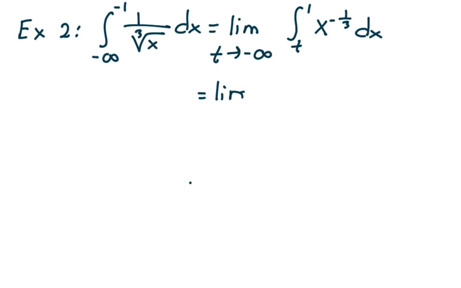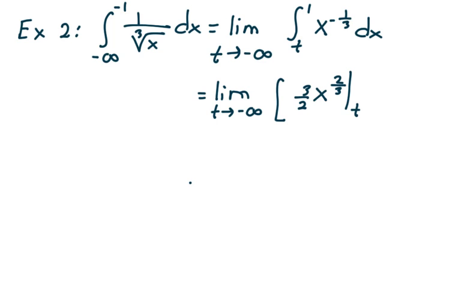So this is the limit as t goes to negative infinity of. Now, if I add 1 to that negative 1/3 exponent, I get 2/3. But I'm supposed to divide by 2/3, and that's the same as multiplying by 3/2, right? That's how you do a typical integral.